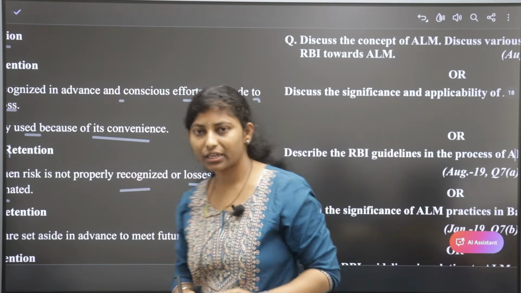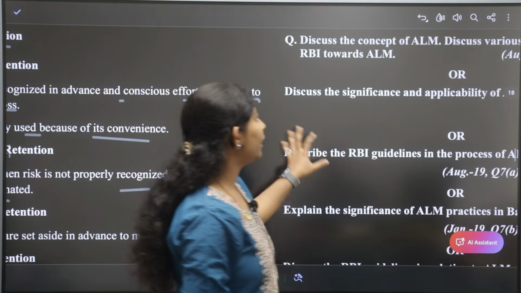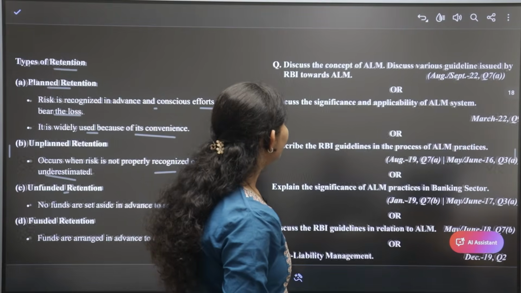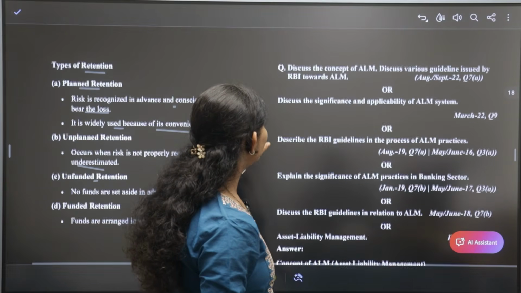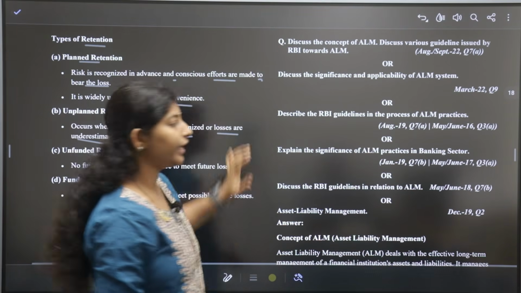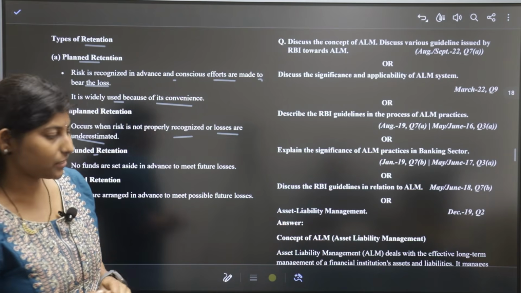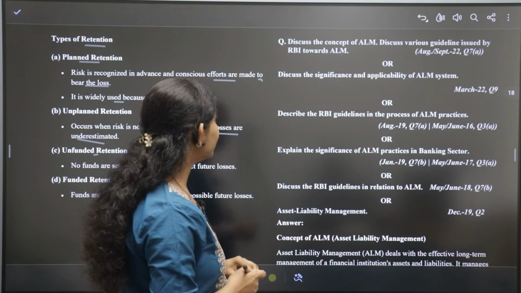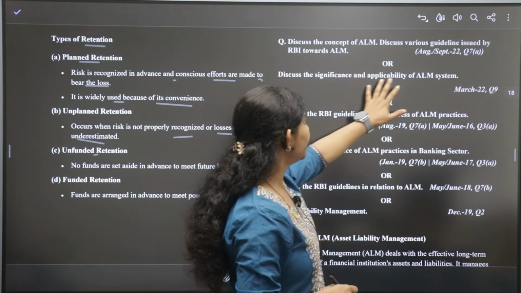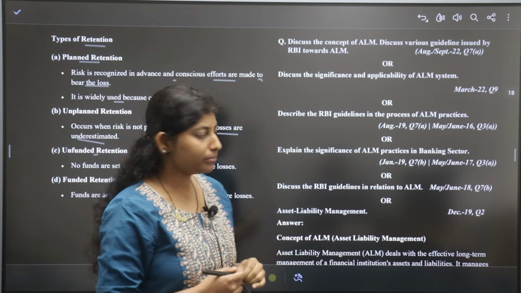Discuss the concept of ALM and the various guidelines issued by RBI towards ALM. Very important. ALM is nothing but asset liability management. Or they may ask, discuss the significance and applicability of the ALM system.